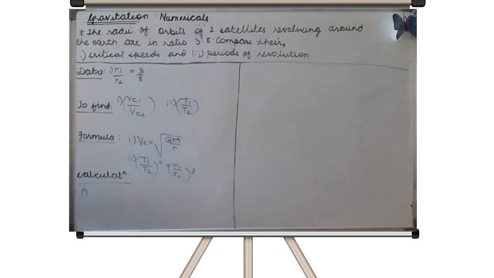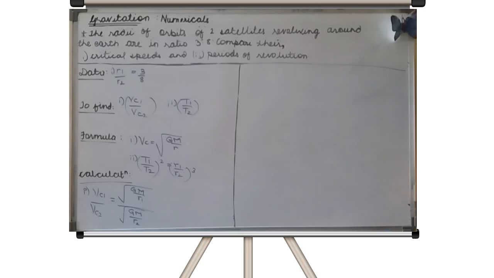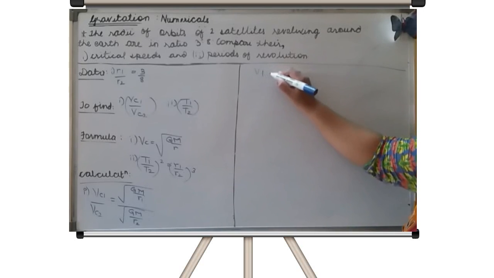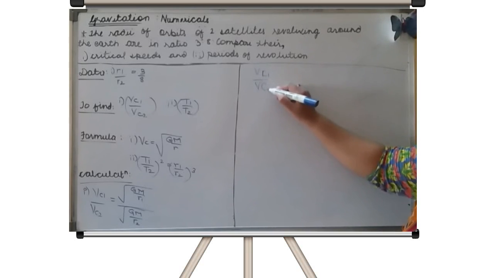First one, for critical velocities: Vc1 upon Vc2 is equal to under root of GM upon R1 over under root of GM upon R2.